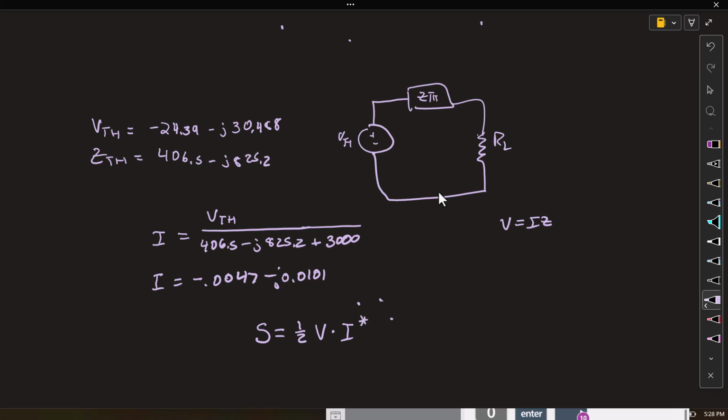Now I know that my power is 1/2 times my voltage times the conjugate, but my voltage across this would be only part of the voltage.